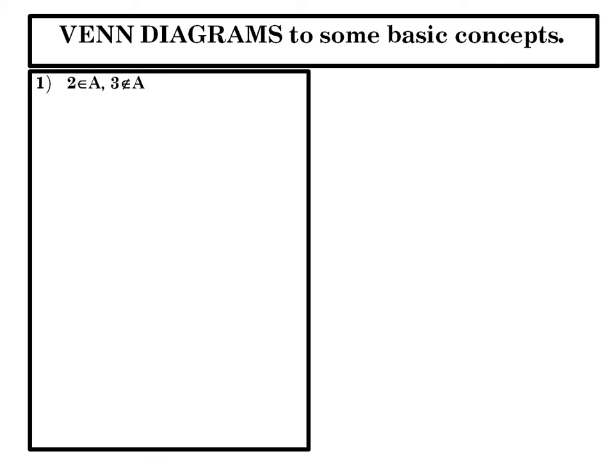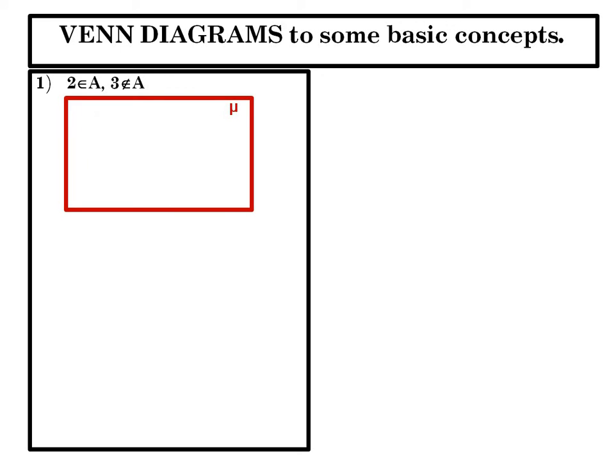We first draw the rectangle, and the rectangle represents the universal set mu. Here we have one set only, that is A. So if we have one set, you draw one circle. So this is set A.